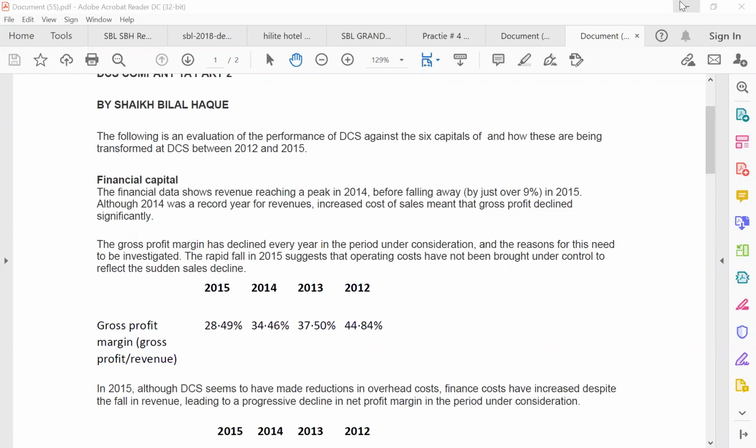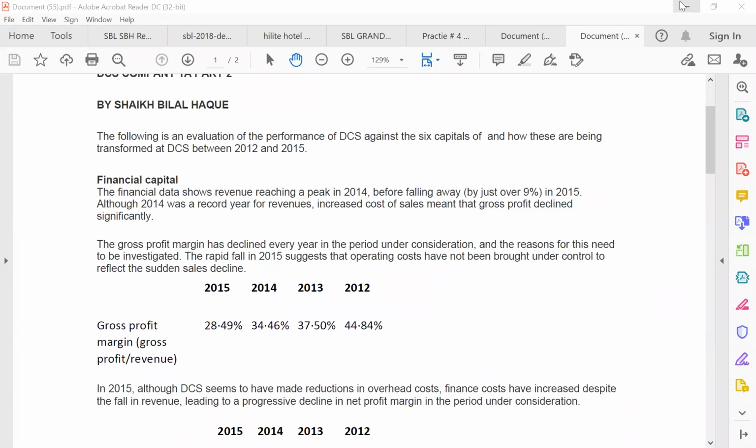Now, as we can see from the financial data, the cost of sales was increasing, and an increase of cost of sales means that there is a huge decline in the gross profit. The gross profit margin has declined every year in the period under consideration, and the reason for this needs to be investigated.